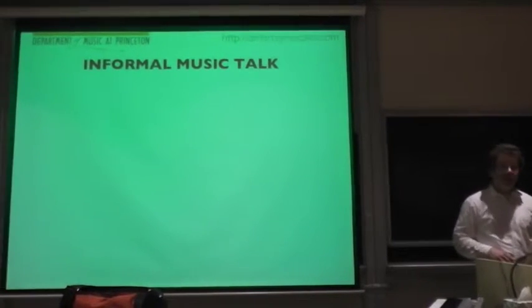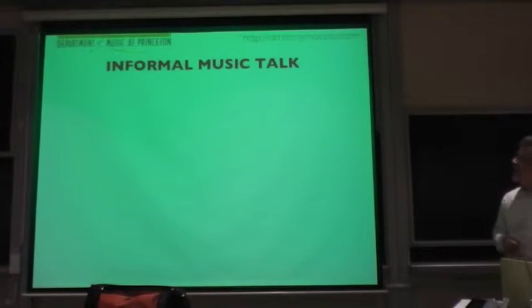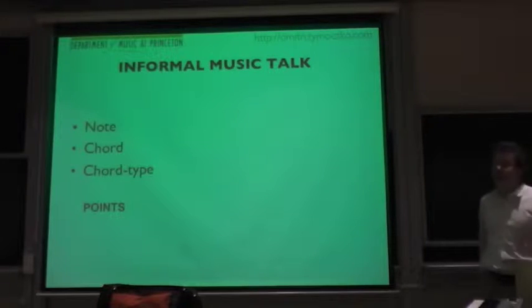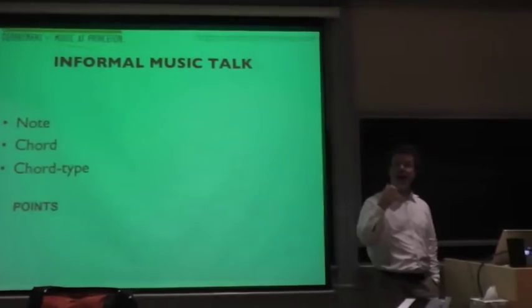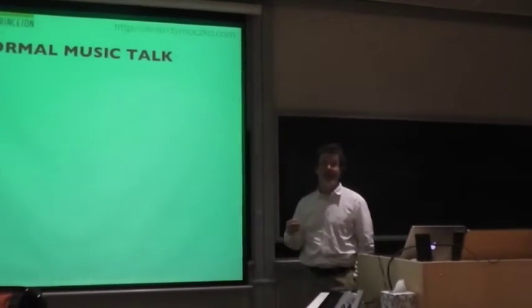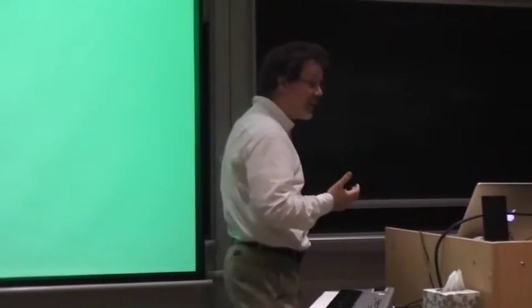Okay, so informal musical talk, the kind of talk that you engage in with very young music students, the things that musicians talk about all the time, contains a number of terms like note and chord type that all refer to what you could think of as a point in an abstract space of musical possibilities. A note is a location. A chord is also a location.